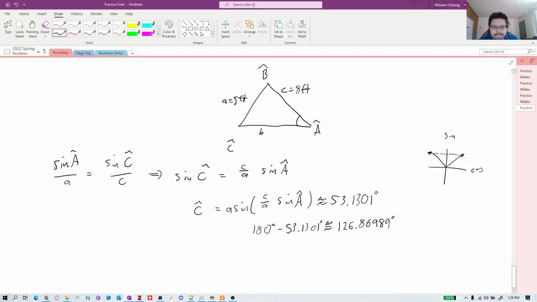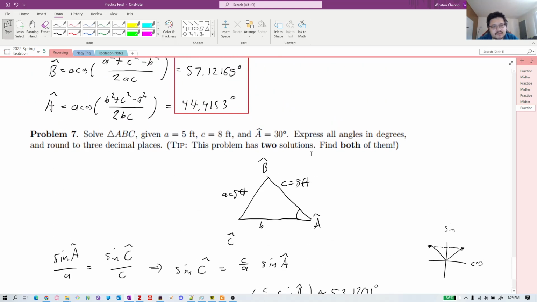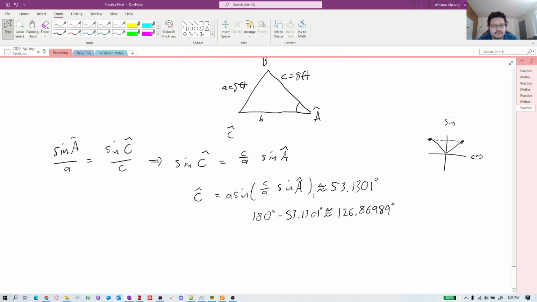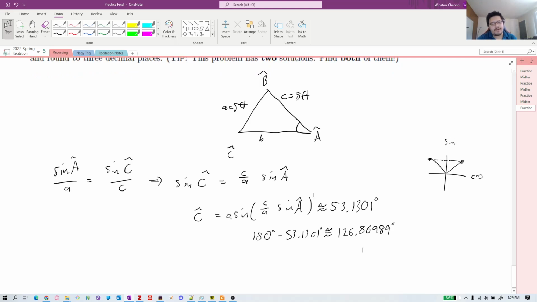Okay. Right. So we have two possible solutions, and then the hint is telling us that there's no way of eliminating either one of them. The normal way you'd go about trying to eliminate them is by considering the inequality, the order relationship about the sides and angles.